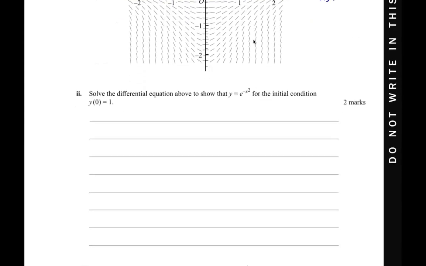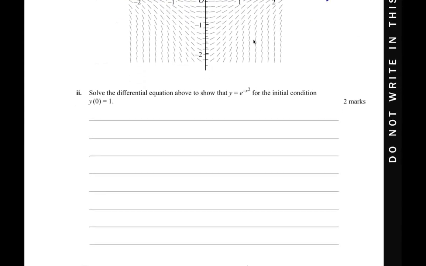Solve the differential equation above to show that y equals e to the minus x squared for the initial condition y(0) equals 1. So dy/dx equals minus 2x times y. Separating the variables, the left-hand side is 1 over y dy. The right-hand side is minus 2x dx. So you should have log e of y equals minus x squared plus c.